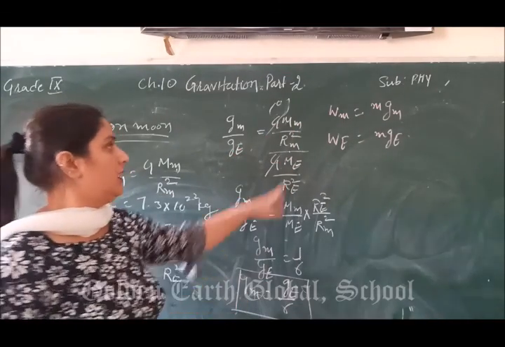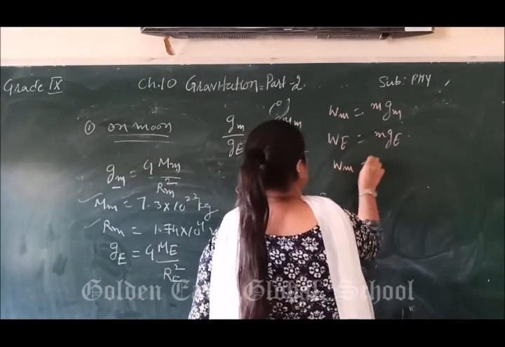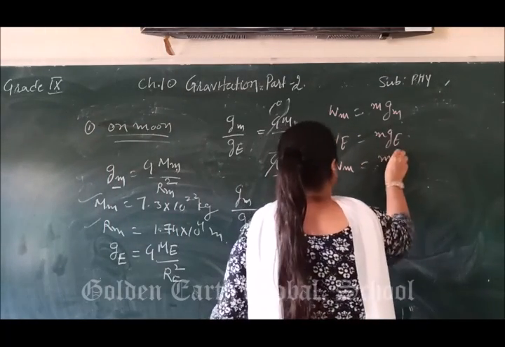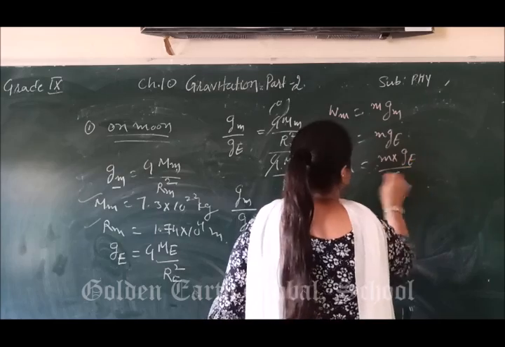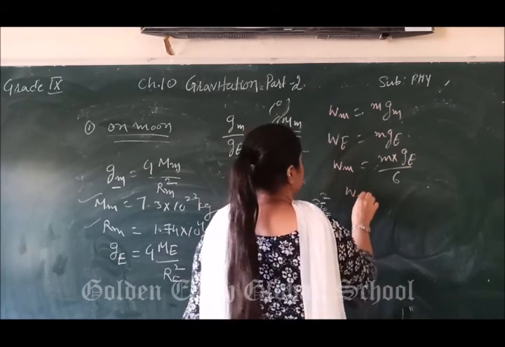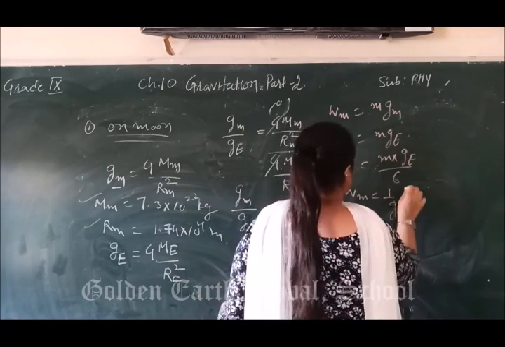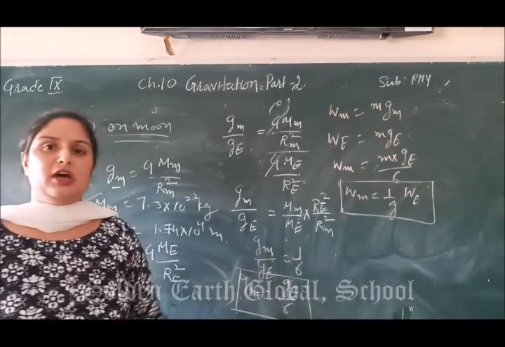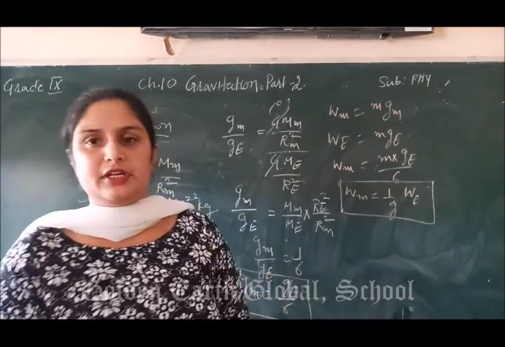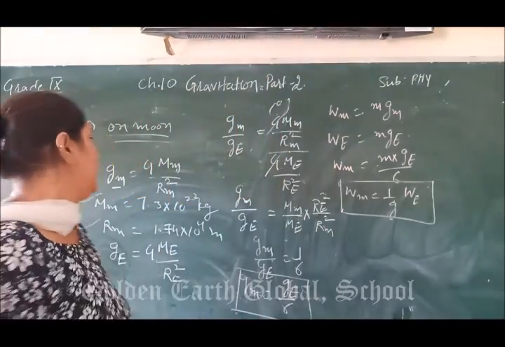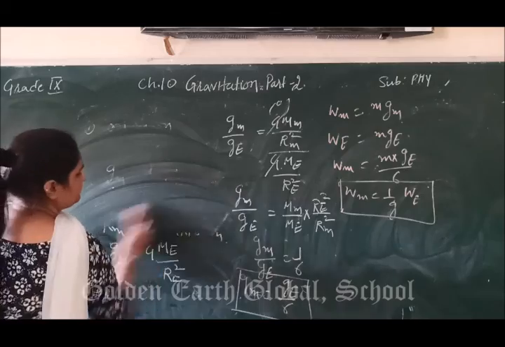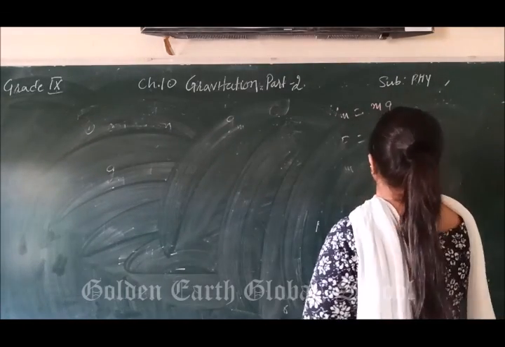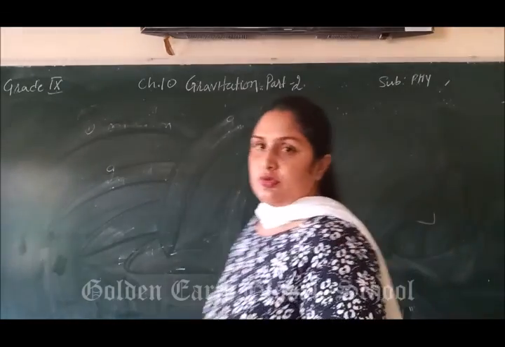The weight on the surface of the moon, Wm, will be equal to m into Ge by 6, or you can write it as 1/6 of the weight on the surface of the earth. This is the relation between the weight of the object on the surface of earth and the surface of the moon. So this is about the weight and acceleration due to gravity.